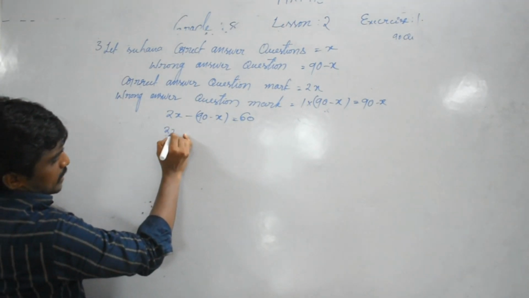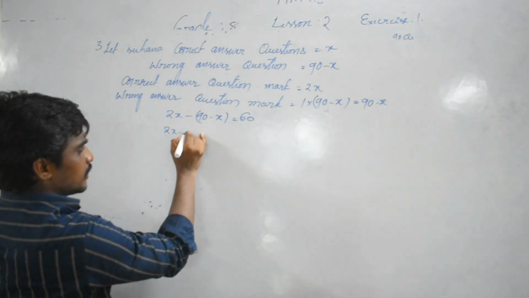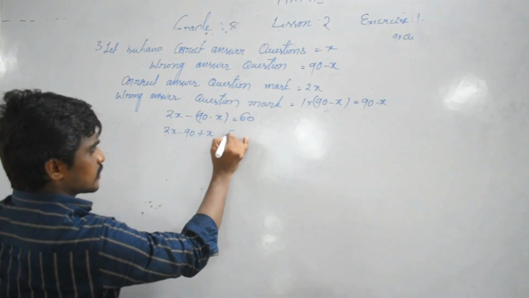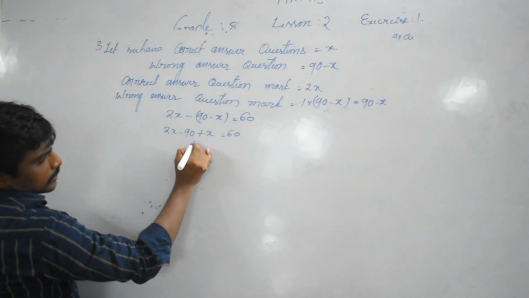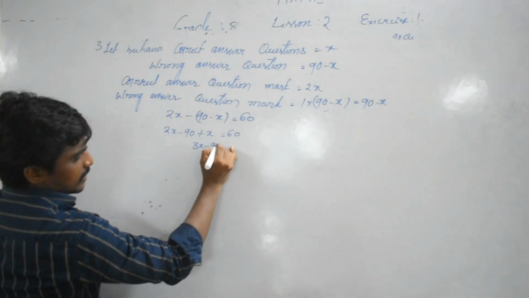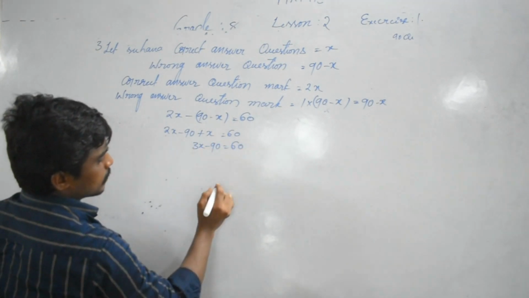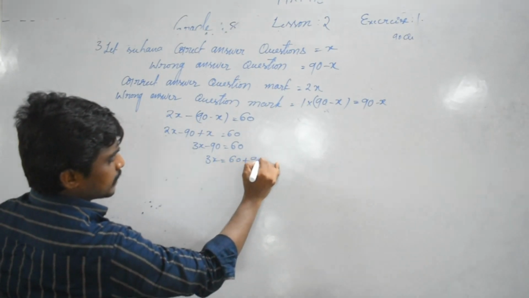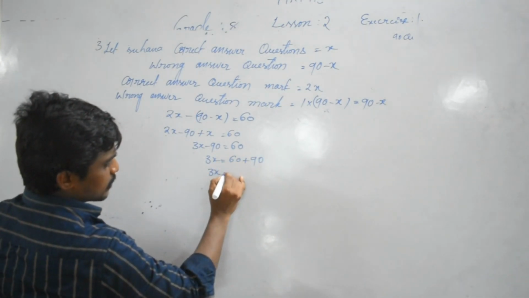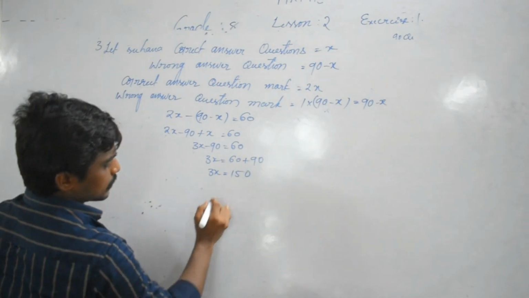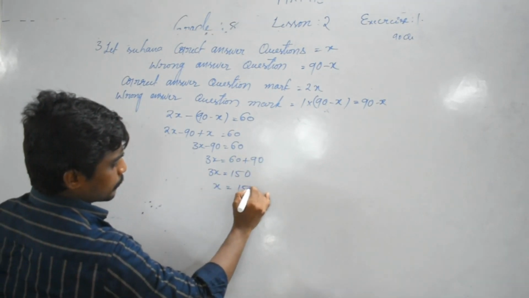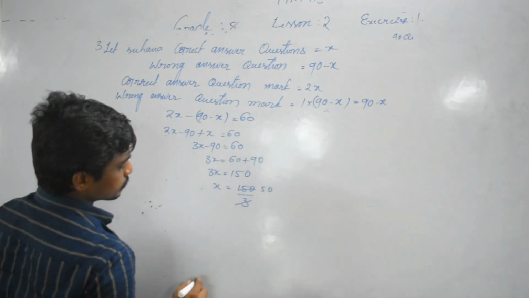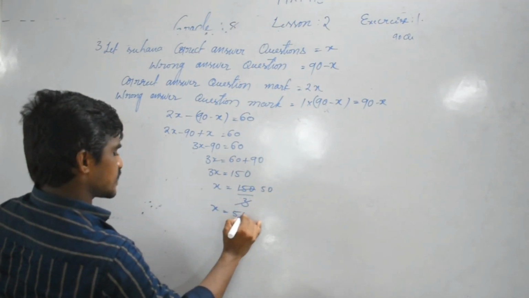So 2x minus (90 minus x) is equal to 60. Minus into minus is plus. So 3x minus 90 is equal to 60. 3x is equal to 60 plus 90. 3x is equal to 150. x equals 150 by 3. 3 fifteens are 45, so x is 50.